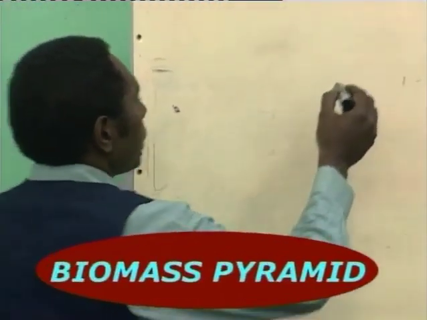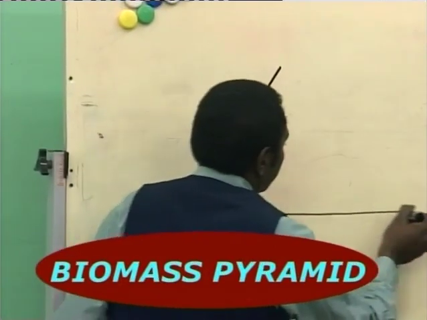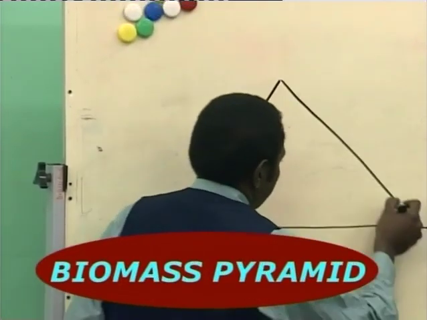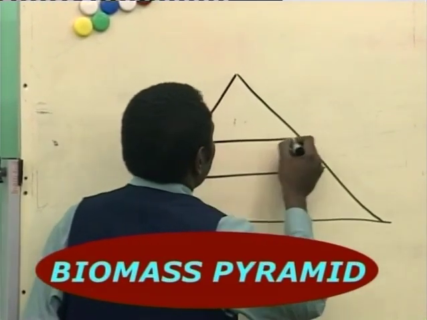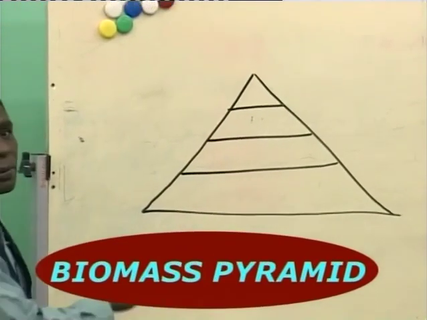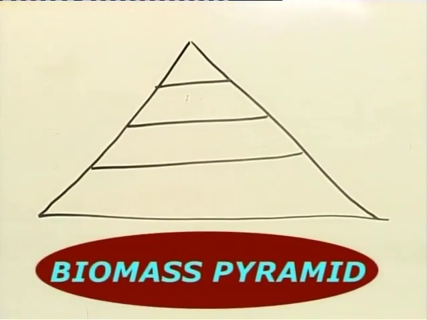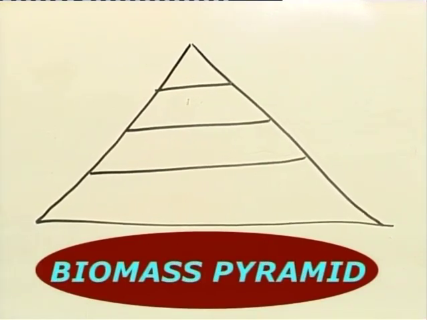A biomass pyramid which was looking somewhat like this. Right, this was an example of the biomass pyramid which we looked at. What did we have right at the bottom of the biomass pyramid there?